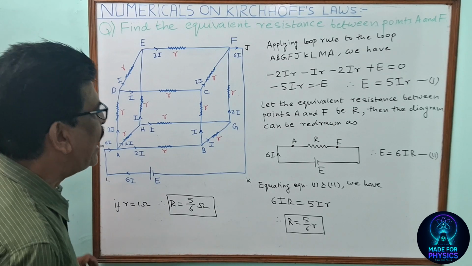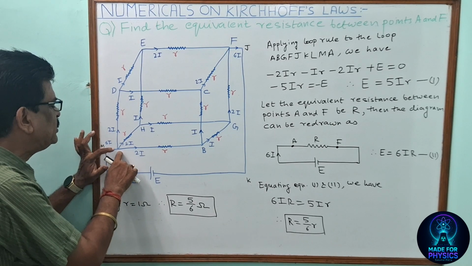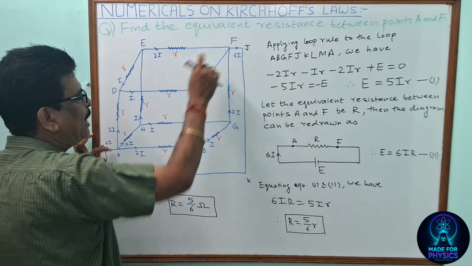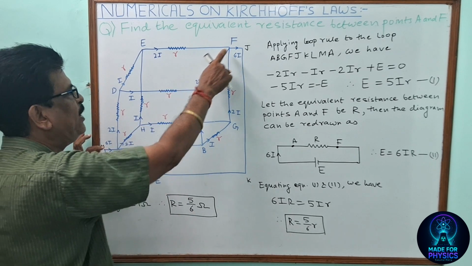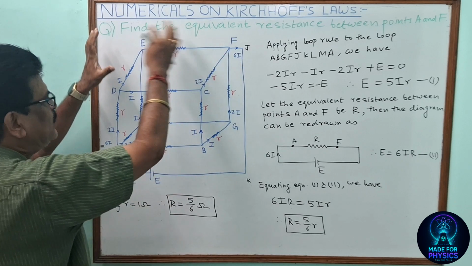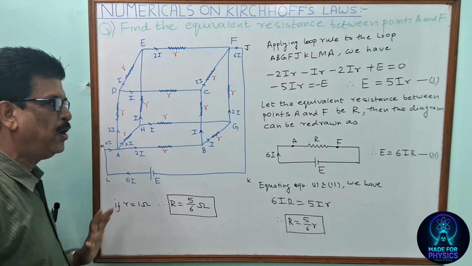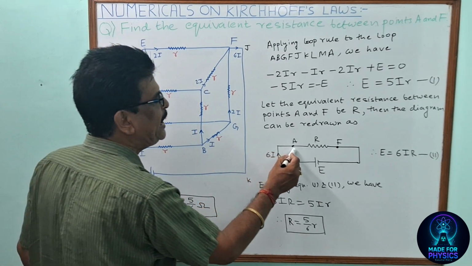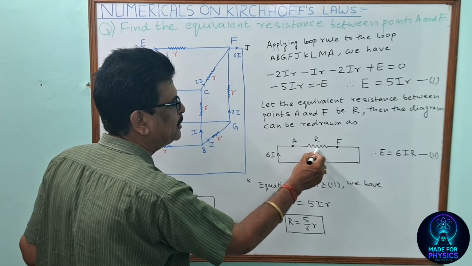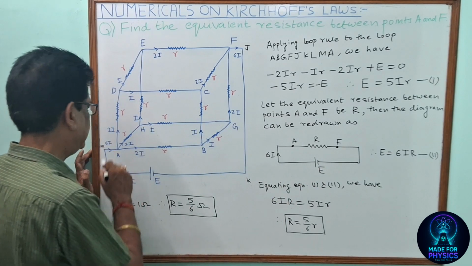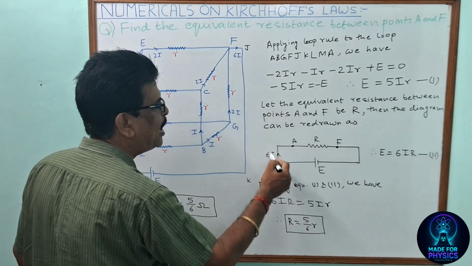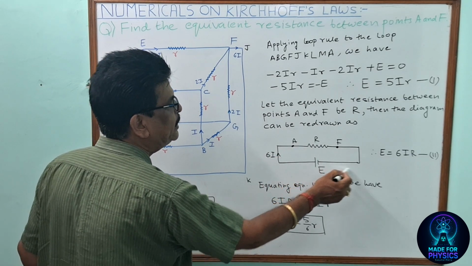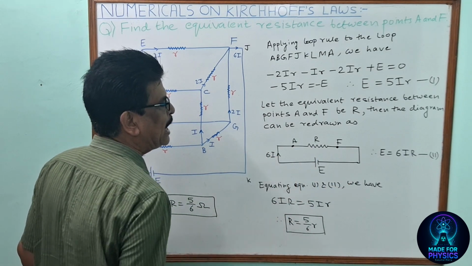Next, I'll consider the equivalent resistance between A and F as capital R. If the equivalent resistance between A and F is capital R, then this whole diagram can be redrawn as, between A and F it is capital R, and the remaining part remains the same. So between A and F you have the EMF E and current is 6I.